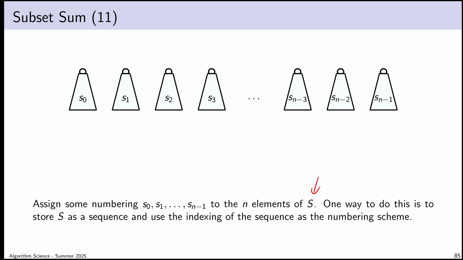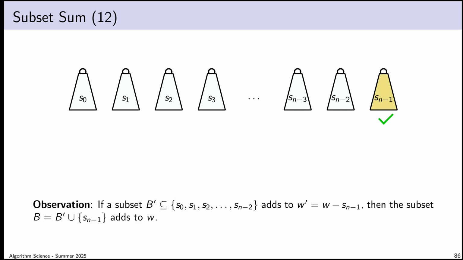In practice, this isn't really that important, because usually if you're writing an algorithm to do this, it is probably taking the values in S as a sequence type or something. So if I write an algorithm where you give me an array that contains the values of S, then obviously I'll just use the built-in indexing of the array as my numbering of the elements of S. I get it for free pretty much. But in any event, let's assume that we have a numbering of the elements of S.